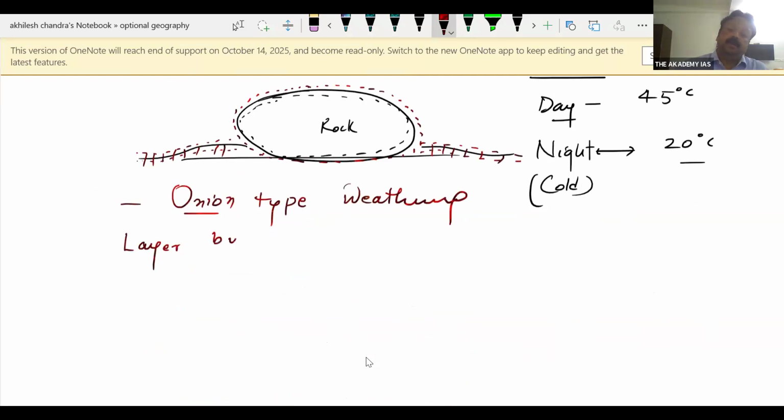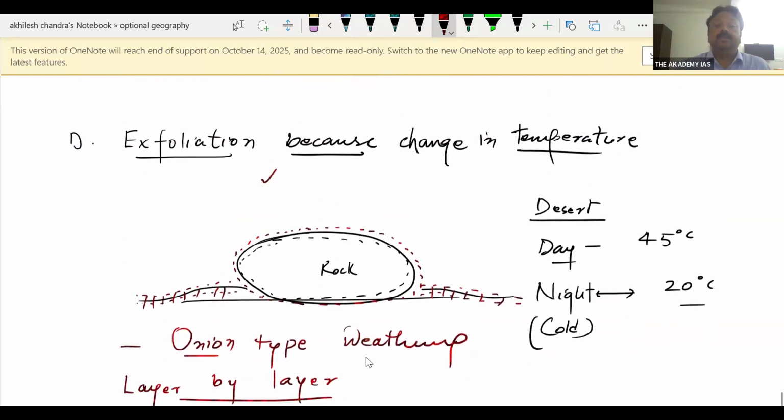Layer by layer disintegration. Okay. And this is what we call exfoliation due to change in temperature.